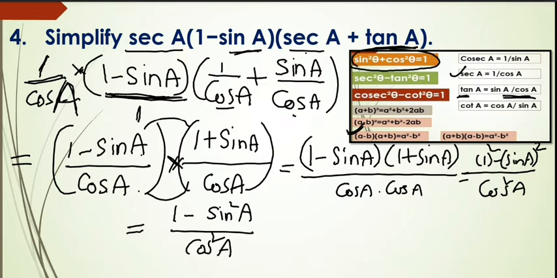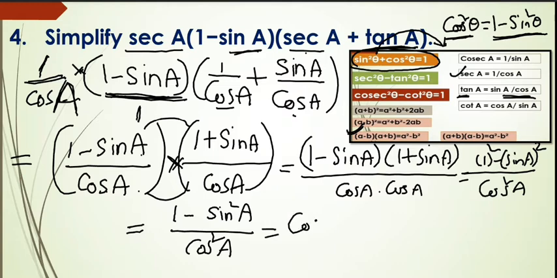Here 1 minus sin square A is there, that means move this sin square theta to the right side, then we get cos square theta on the left side. So whenever there is 1 minus sin square theta, we can write cos square theta. So 1 minus sin square A we can write as cos square A, by cos square A in the denominator. Both are same, so both will get cancelled, and we get 1 as the answer.